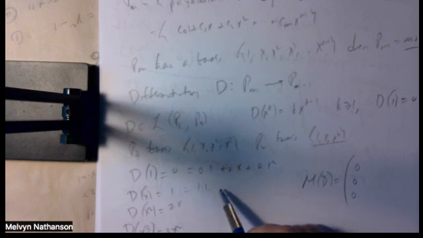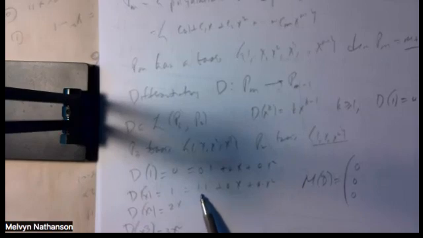This is 0 times 1, 0 times x, 0 times x squared. So the matrix for this differentiation operator, for the first basis vector 1, the coordinates of where it gets sent to are 0, 0, 0. That's the first column. D of x is 1. That's 1 times 1, 0 times x, 0 times x squared.